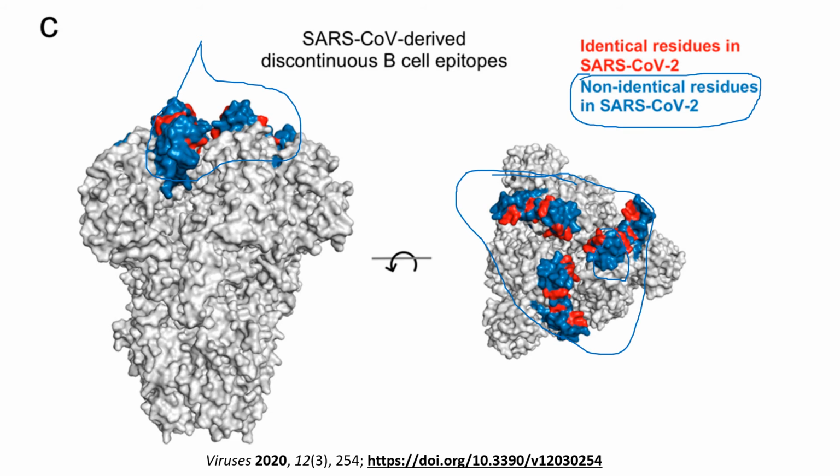This means they are specific for SARS-CoV-2. This is a very important concept, because if we have antibodies to the blue epitopes, that is undoubtedly driven by SARS-CoV-2, not by the other coronaviruses. If we have antibodies to other pieces of the spike protein, they could have been from SARS-CoV-2, but they could have been also from other coronaviruses. So these are the more specific pieces.